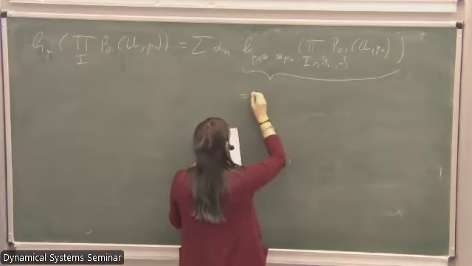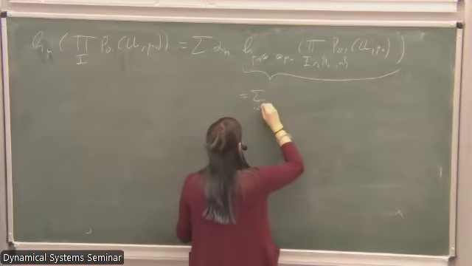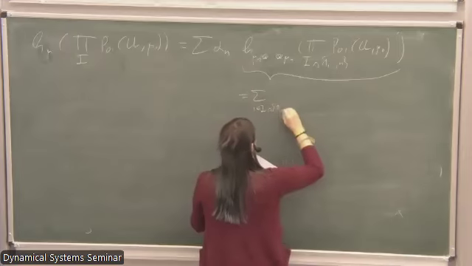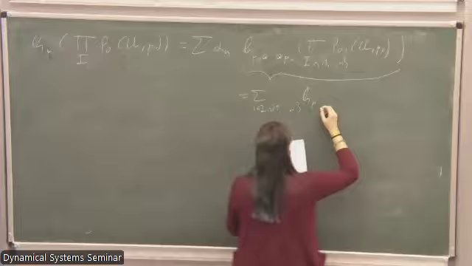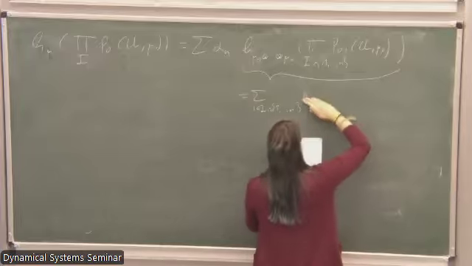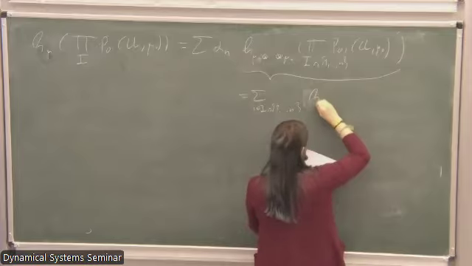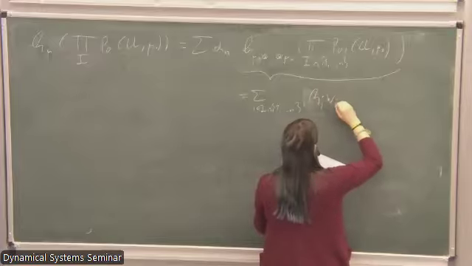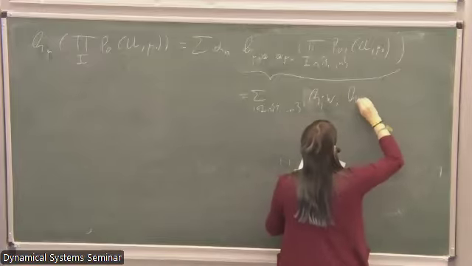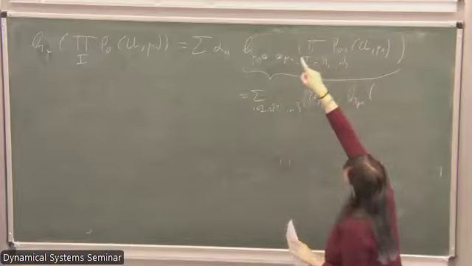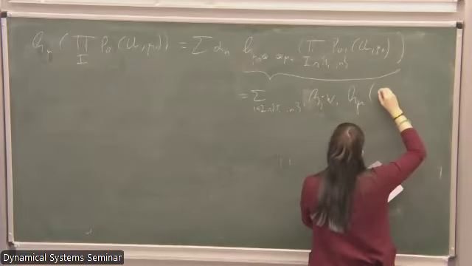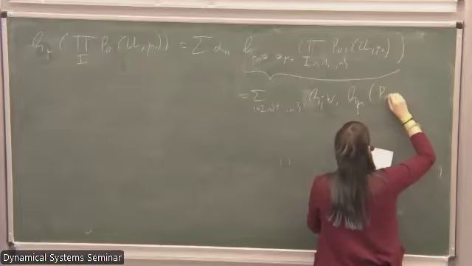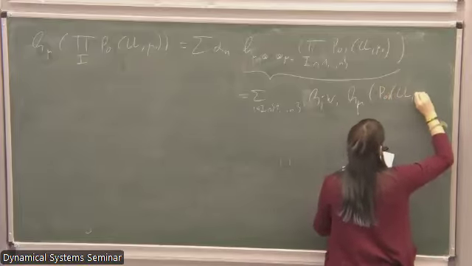So this is just the sum over i, and if you have questions, just let me know. h mu of this beta i, w i, and then I'm left over with h, this is the mu over there, from the Poisson boundary of the lamplighter with mu 0.